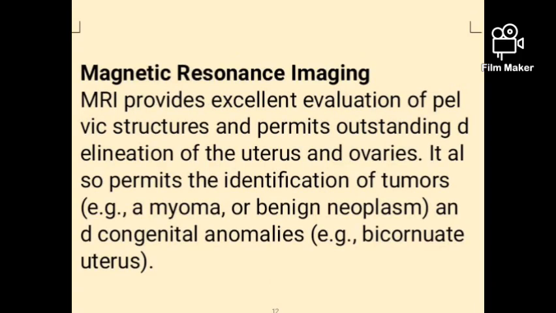Magnetic resonance imaging is one imaging modality that I cannot afford to ignore. Magnetic resonance imaging provides excellent evaluation of pelvic structures and permits outstanding delineation of the uterus and ovaries. It also permits the identification of tumors, for example, myoma and other benign neoplasms. Also, magnetic resonance imaging allows radiological examination of congenital anomalies like bicornuate uterus.